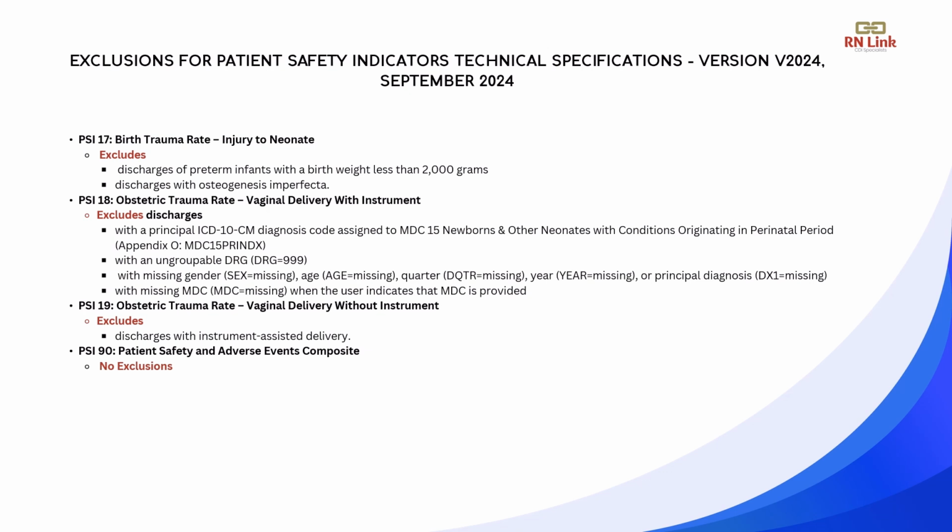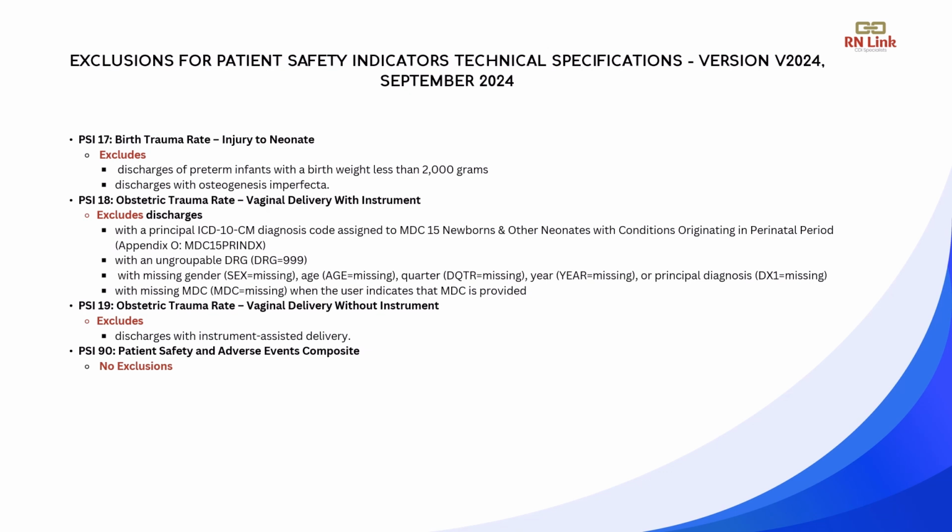Discharges with osteogenesis imperfecta. PSI 18, obstetric trauma rate, vaginal delivery with instrument. Excludes discharges with a principal ICD-10-CM diagnosis code assigned to MDC 15, newborns and other neonates with conditions originating in the perinatal period.